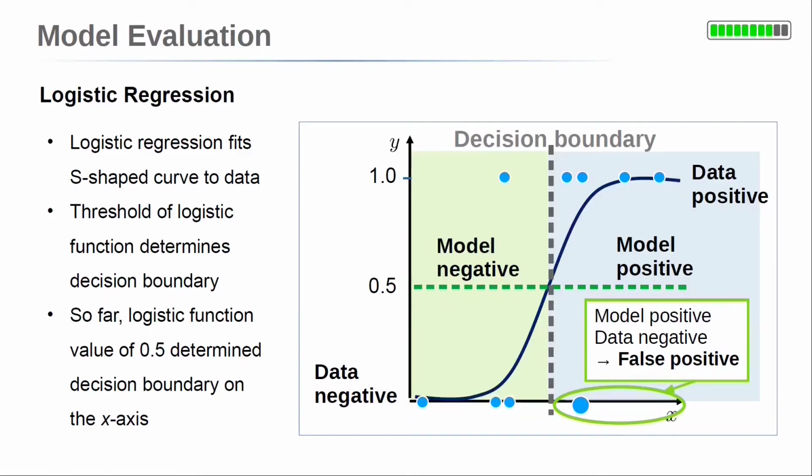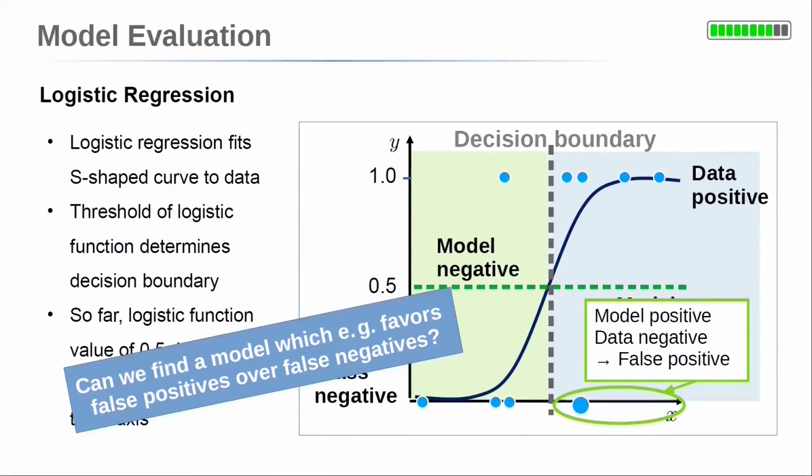If you are testing for a disease, you might deal more easily with false positives. If someone is false negative, the disease can be more easily spread because the disease remains undetected. Now the question is, can we find a logistic regression model which favors false positives over false negatives?